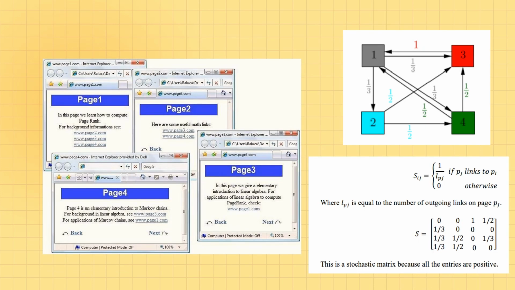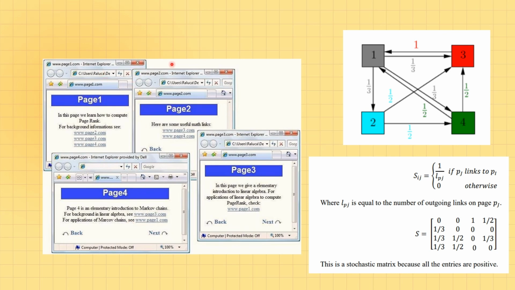The internet is made up of many web pages, each containing information on its page. Each page may also contain links to other pages. From here, we can see that we have pages 1, 2, 3, and 4, and we also include each link, which means that, for example, page 1 has a link to each of the other 3 pages.